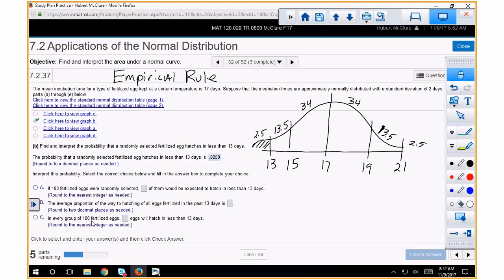In every group of 100 fertilized eggs, blank will hatch in less than 13 days. Oh, this is a play on words. A and B, A and C is about the same thing, except it all depends on what your definition of is. They're asking you to split hairs here.